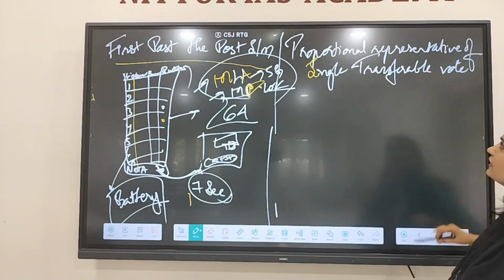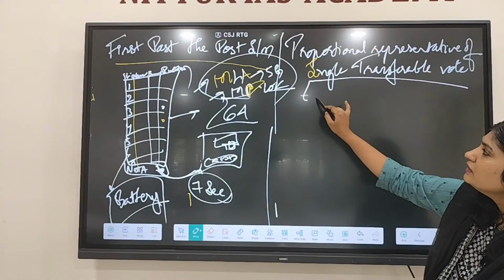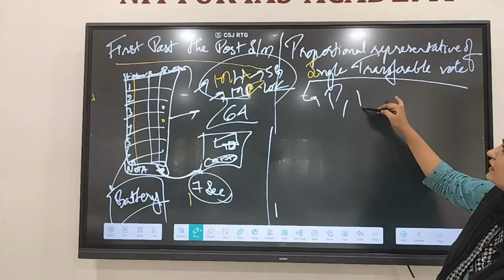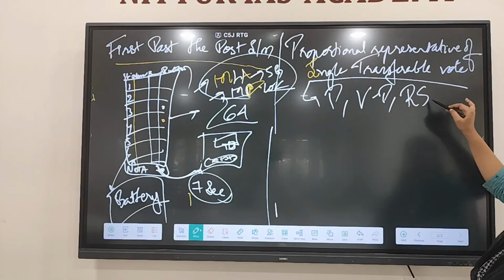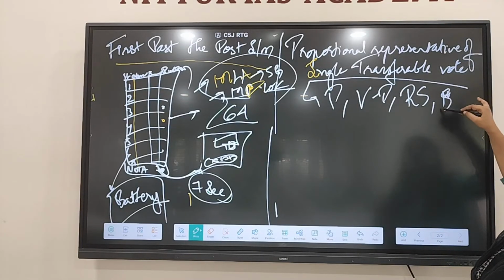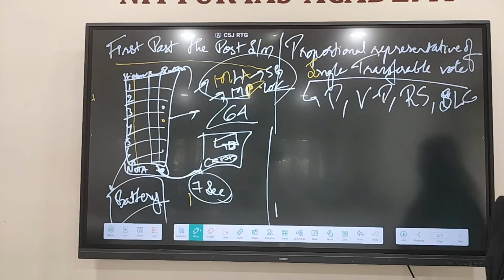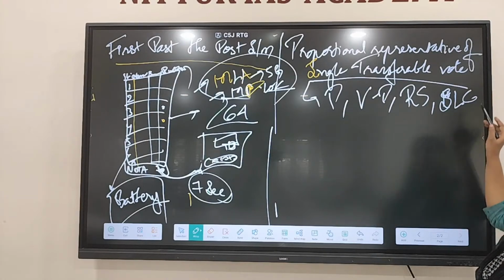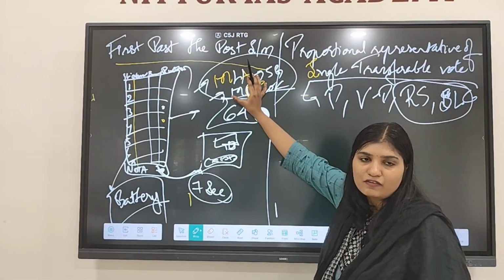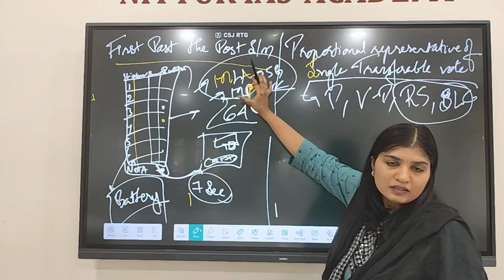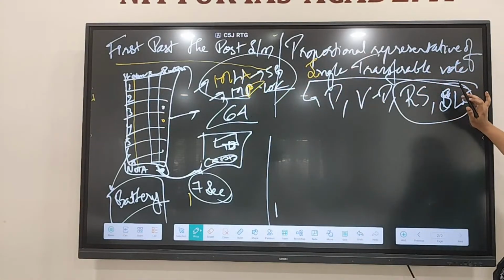Next comes the single transferable vote. This will be used for the elections of president, vice president and upper houses, that is Rajya Sabha and the state legislative council, MLC. Here it is for upper houses, unlike the lower houses, which are directly elected by the people.